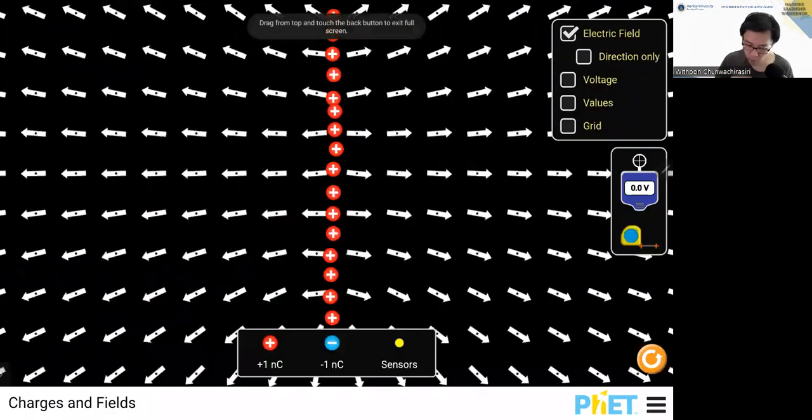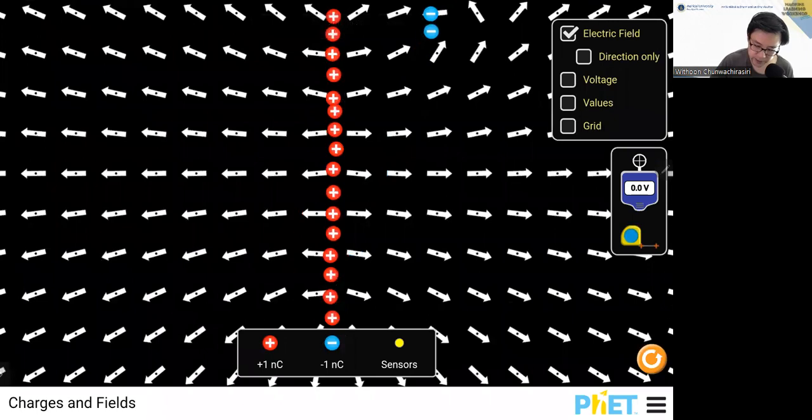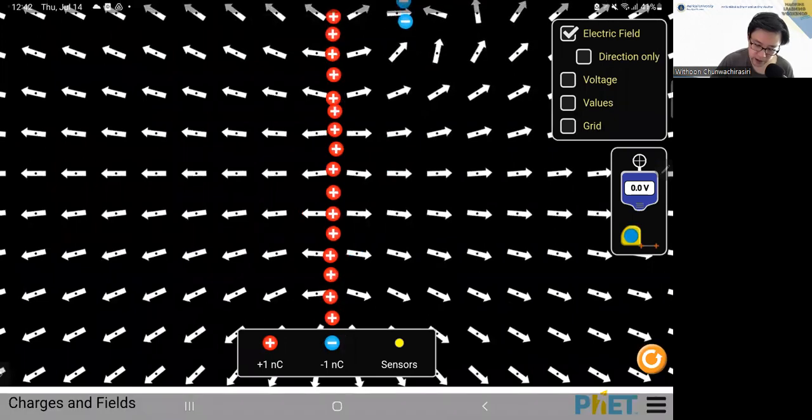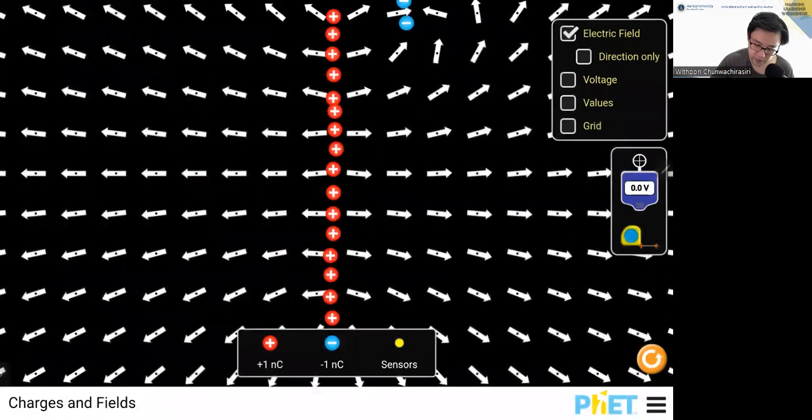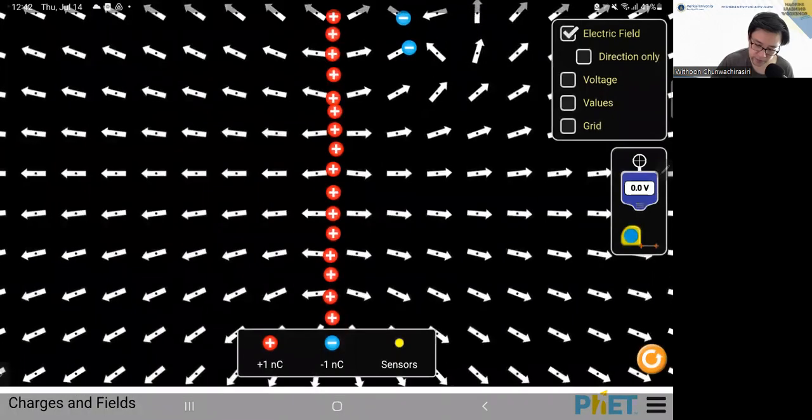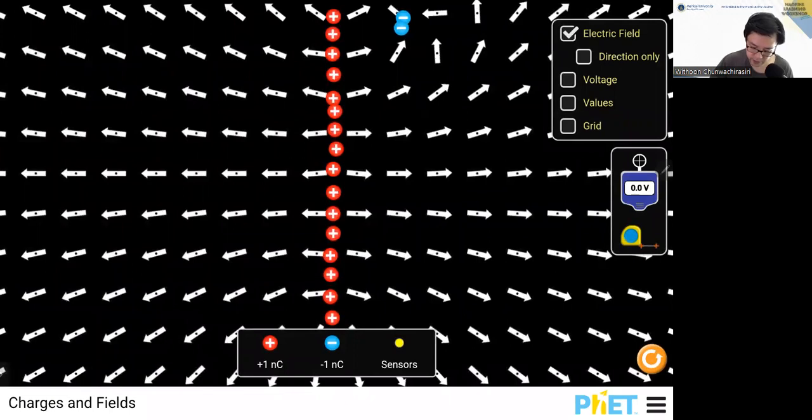Here we go. What I'm going to do is put another layer of negatively charged plate, and let me put it close by to make things close to our assumption. There you go. All right, using the pen is a little bit better.